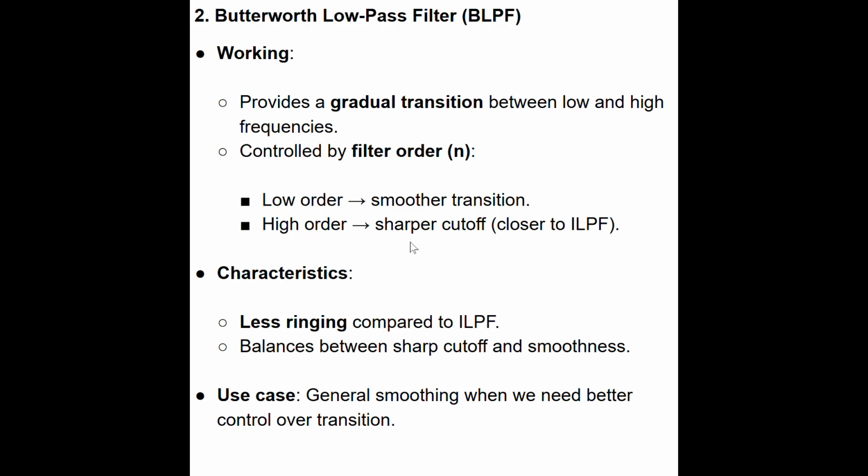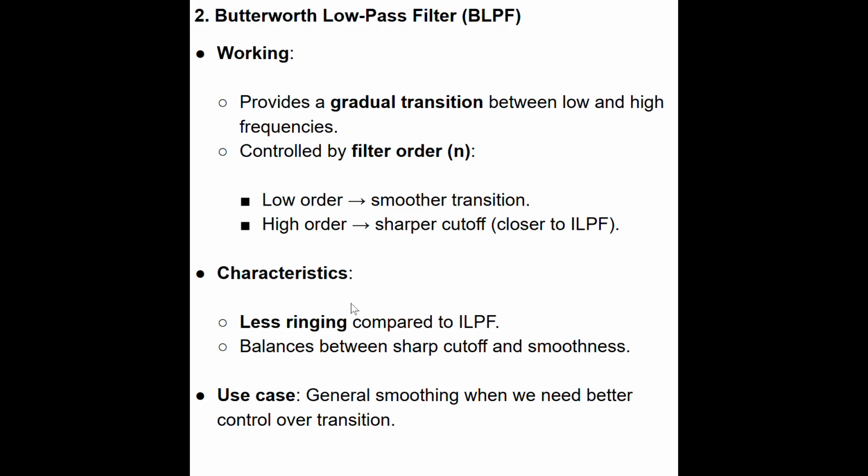Depending on which order I am choosing for my filter, the effects will be different. If I use a low order filter, then I will have smoother transitions. If I am using high order filters, it will give me sharper cutoffs, so the results are as good as your ideal low pass filter.